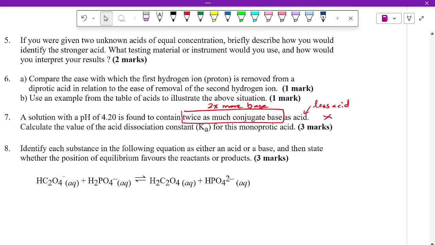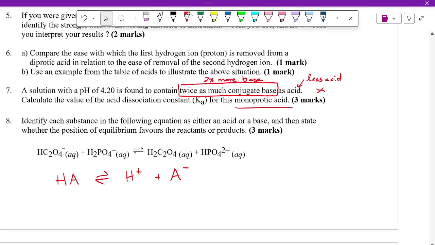So we have now this unknown acid. It is a monoprotic acid. So let us go with HA in equilibrium with H plus and A minus. Let's do a RICE table.